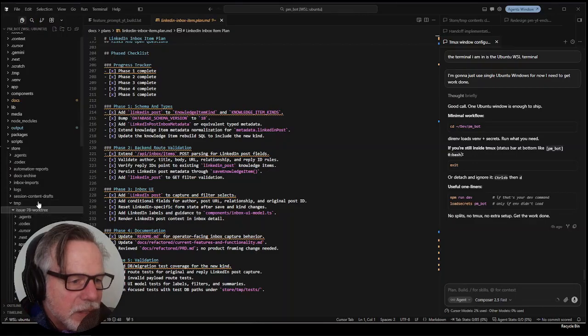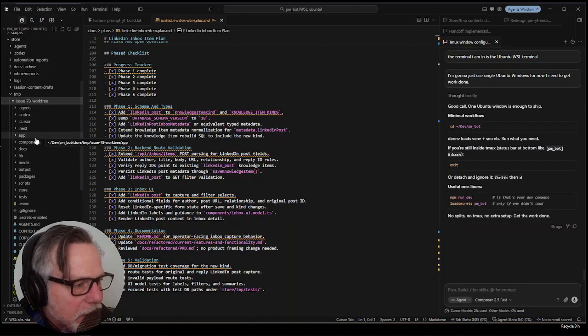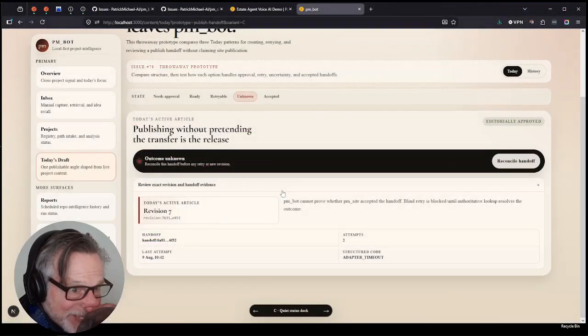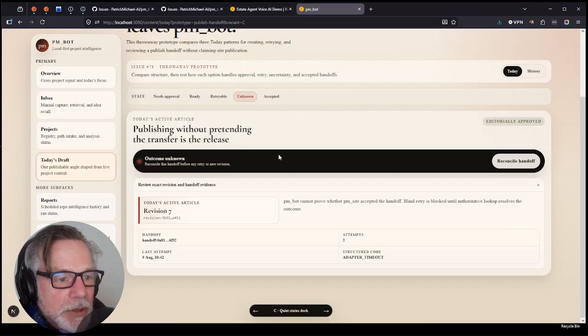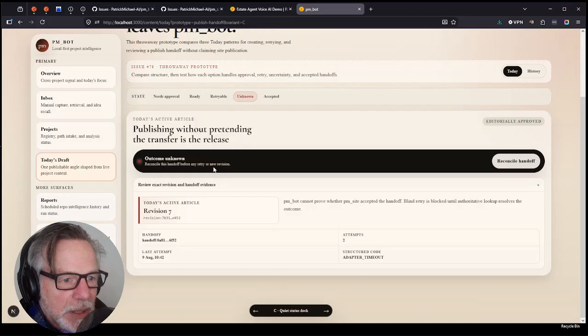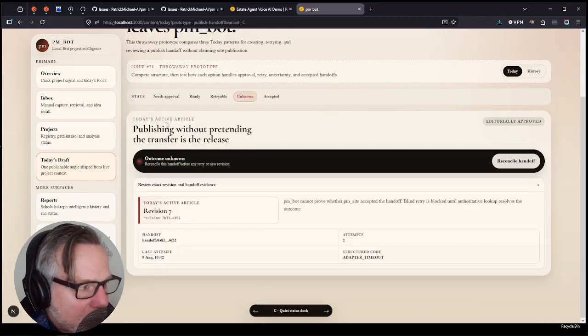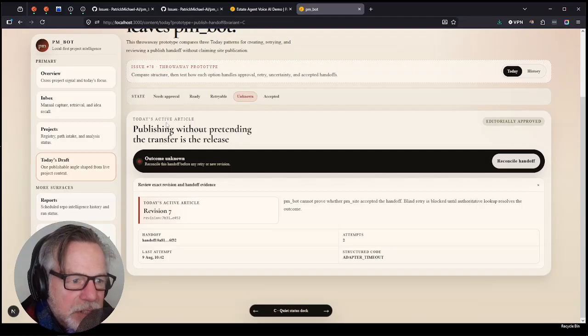So there is the work tree, and it's a development environment that Codex then deployed the prototype in, that we can actually go and have a look at. This is the prototype running, and I have this content engine, and what it does is it publishes an improved article to my Drupal site.